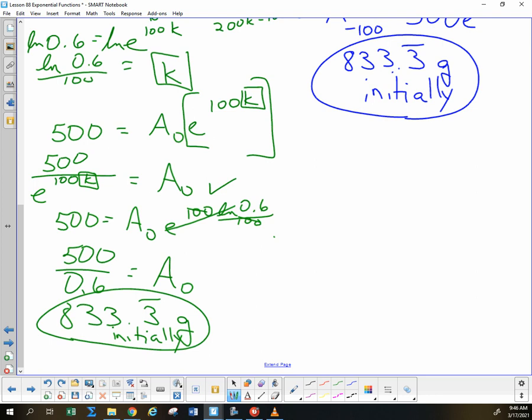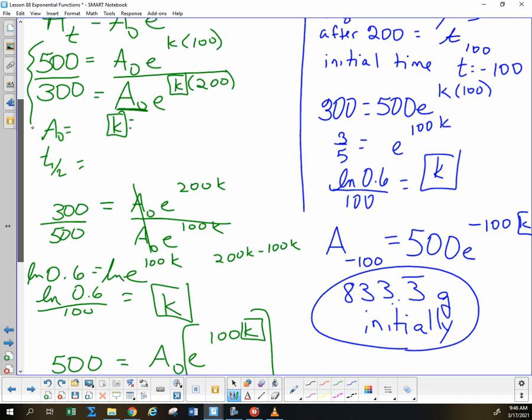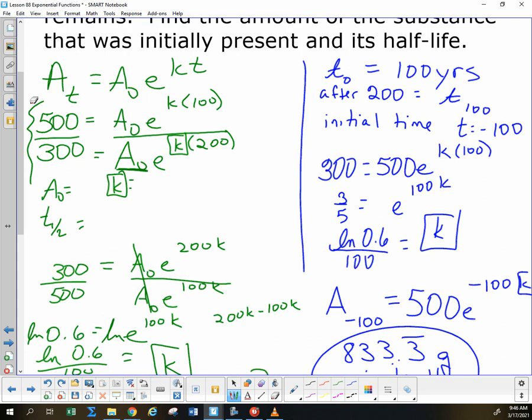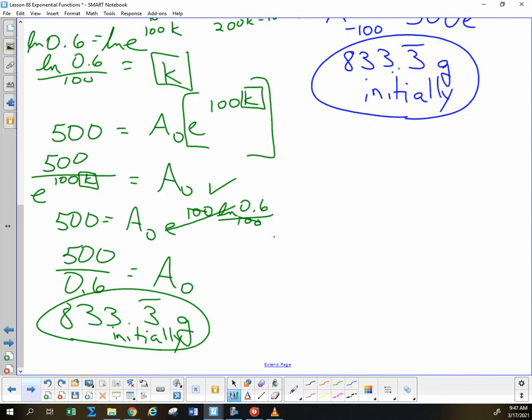Okay, now let's look at what we've got for our equations. To get our half-life, remember we're going to say, we need to get a half equals e to the kt. So either way now, for our half-life, 1/2 equals e to the kt. So natural log of both sides.